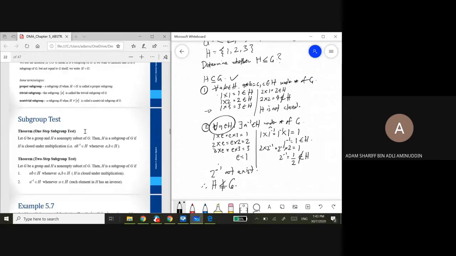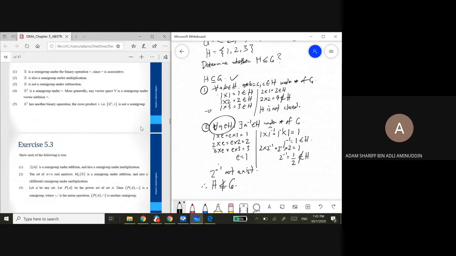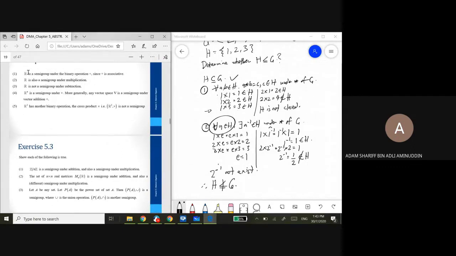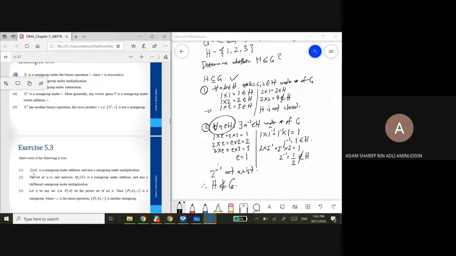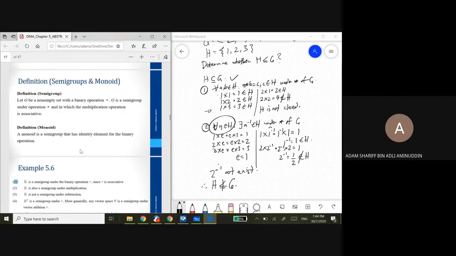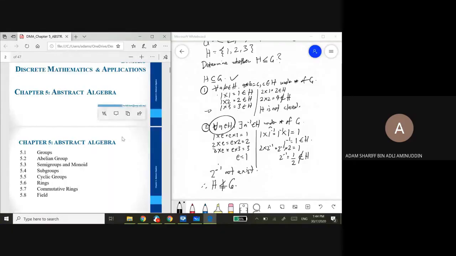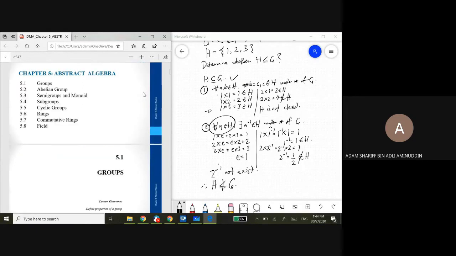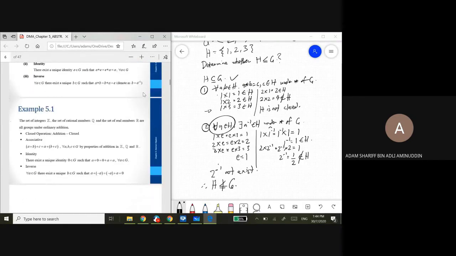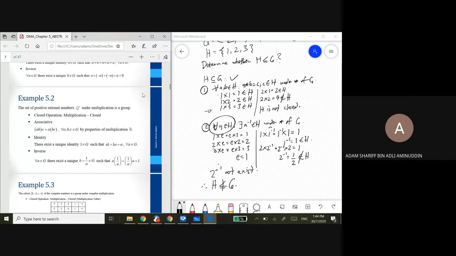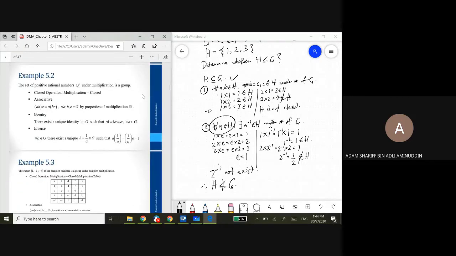Some of the groups exist in this slide. I know some of you worried about this real number, and Z over nZ. Let me clarify this fact first before you start to worry. This slide is made by my friend Dr. Muhammad Syam. When he developed the slide for this chapter, he does not focus on integer.